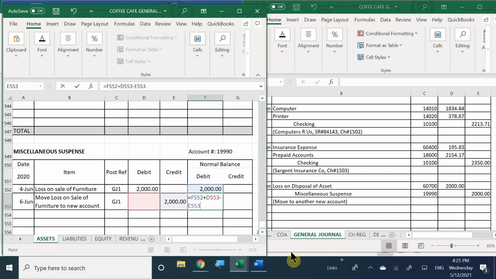So this is where the idea of increasing and decreasing comes into play. Right now, I currently have a debit balance. How do I decrease my miscellaneous expense? I decrease it by using a credit. And of course, by entering that formula: up 1, left plus left 2 minus left 1. Or, previous plus any debit minus any credit.